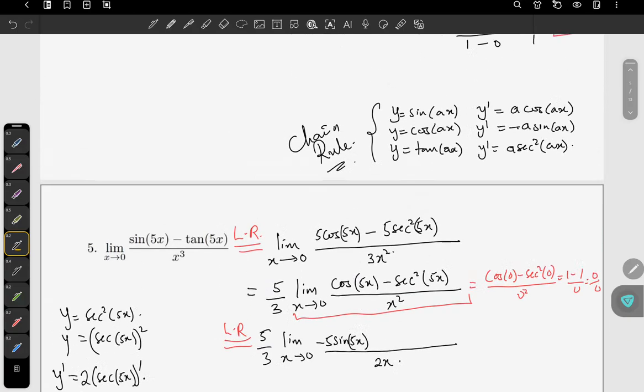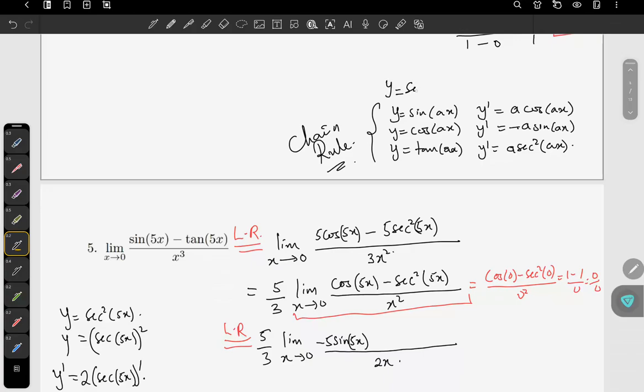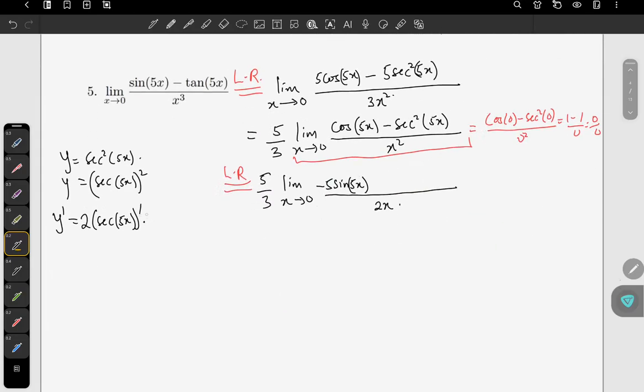So maybe I should also add it here. If y equals sec ax, dy/dx is equal to a sec ax tan ax. Also chain rule. So this will be 5 sec 5x tan 5x.